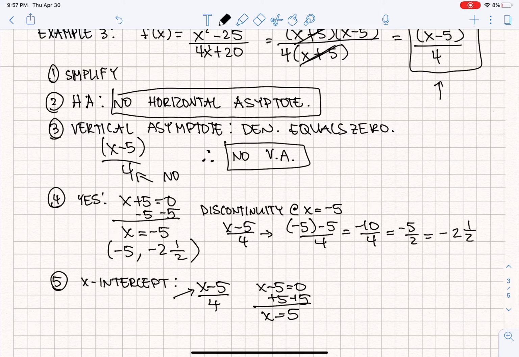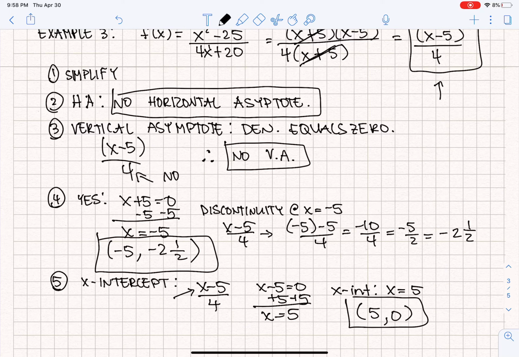Okay, so we have an x-intercept at x equals 5, and we write that as an ordered pair of 5, 0. Okay, cool.